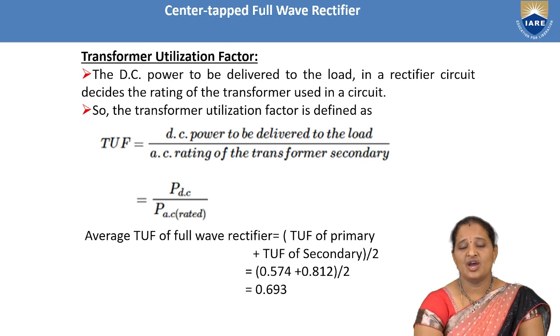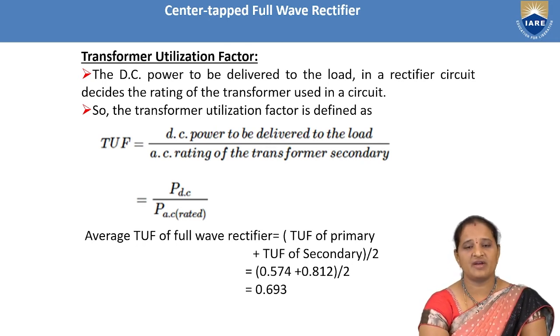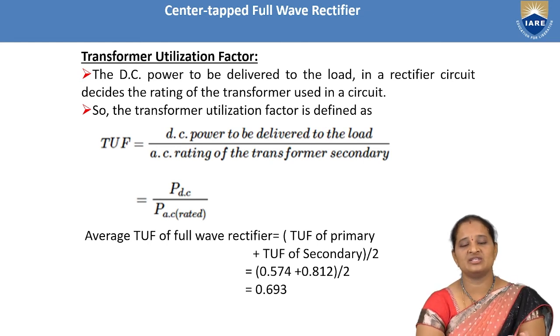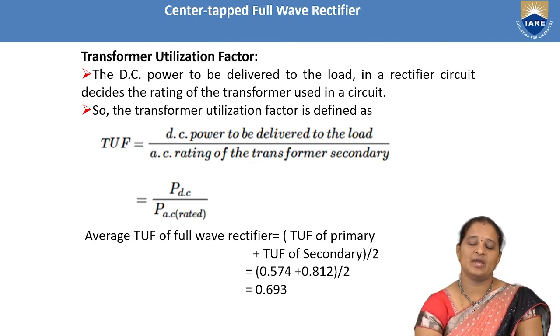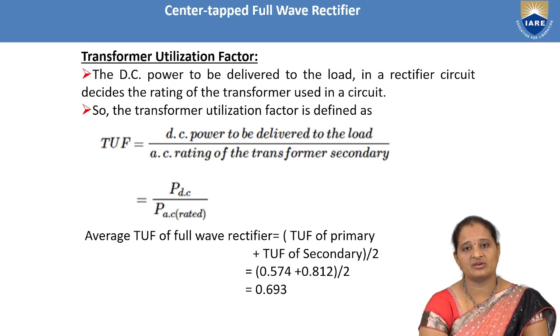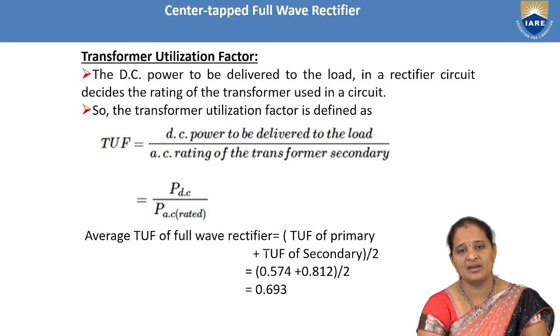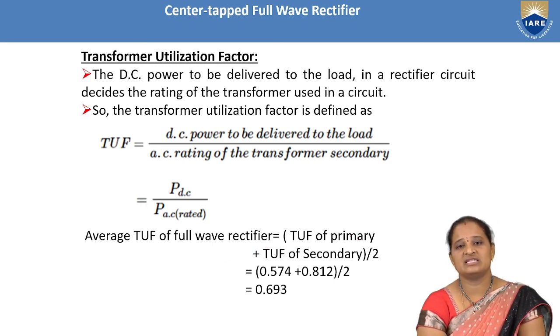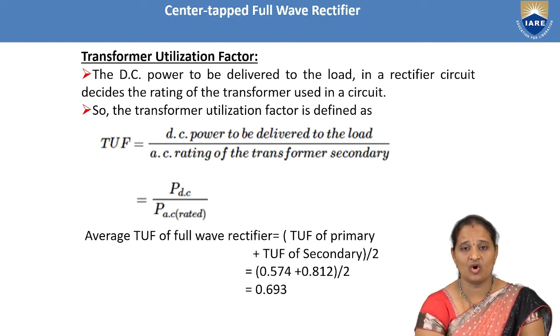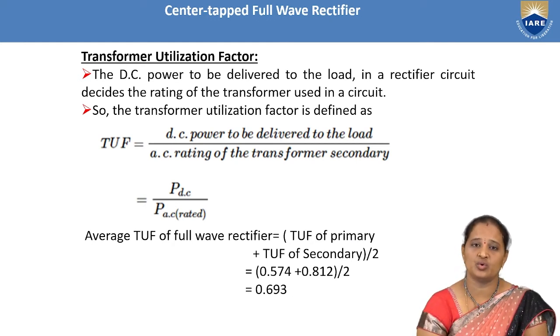That means we cannot calculate the transformer utilization factor of the full wave rectifier directly, because the secondary winding has a center tapping and hence is divided into two halves, which provide equal and opposite polarity voltages. Hence, the transformer utilization factor for the center tap secondary winding can be calculated by taking the average of the transformer utilization factor of primary and the transformer utilization factor of secondary. Because we are dividing the secondary winding into two halves.